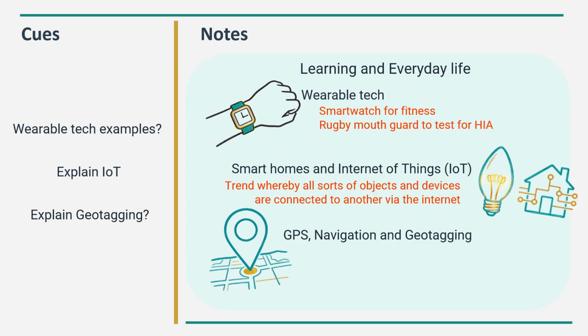There's also GPS navigation and geotagging, where devices and locations are given coordinates, and you can use these to travel from one place to another. You can also use it to find your phone. Can you think of any wearable device that you wear that gives information, and what data does it supply?